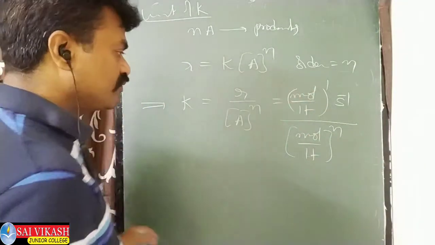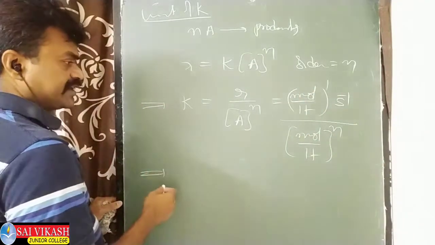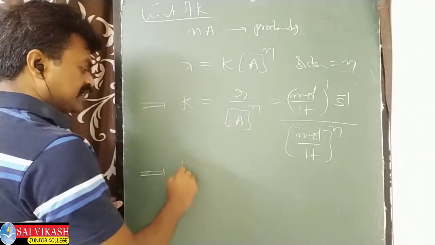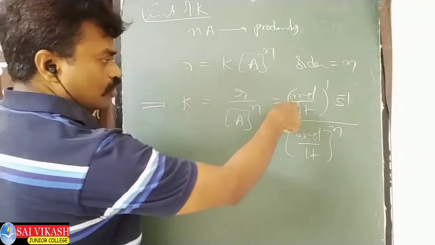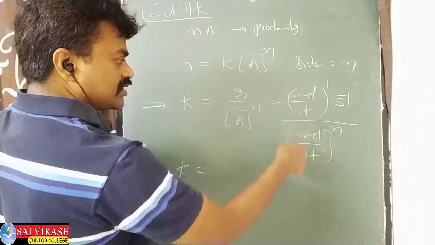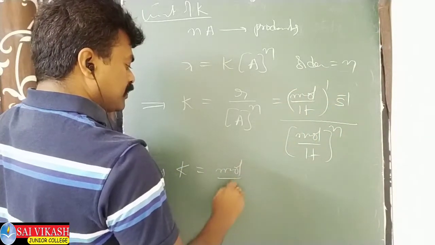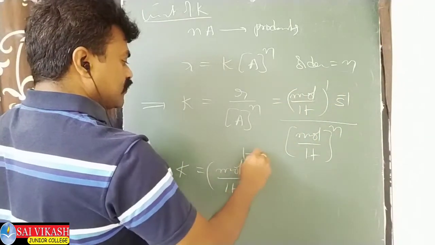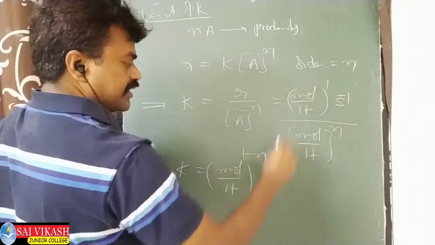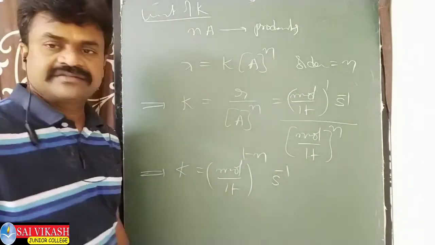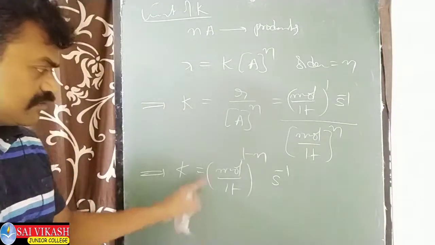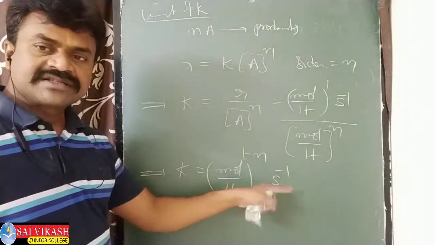Let us move it into the numerator. Then K is equal to mole per liter power 1 minus n, second inverse.